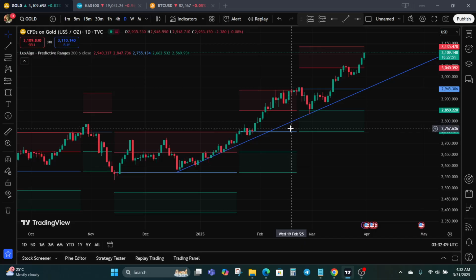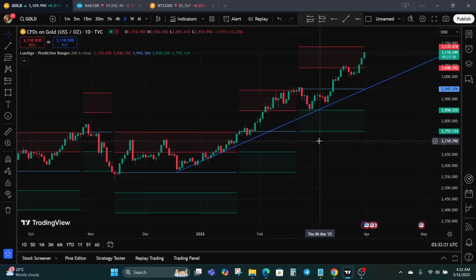Now, it also works seamlessly with multiple trading strategies, whether you are a scalper, a day trader, or a swing trader, right? Using the predictive range indicator is pretty simple. Once applied to your chart, it automatically highlights the most important support and resistance zones, right?